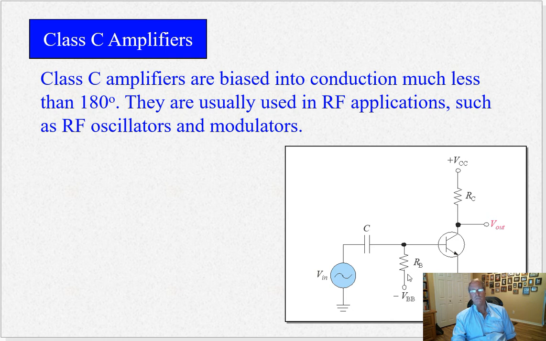So usually this is biased so that, for Class C, the transistor only conducts at the peaks of the input waveform. So it turns it on briefly, just switches it. And so this transistor is off most of the time, and then it's on only for a small percentage of the input waveform. So it just turns on briefly, boom. And it turns on all the way.